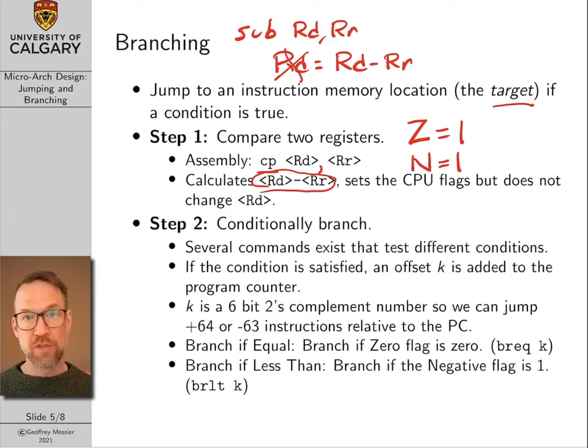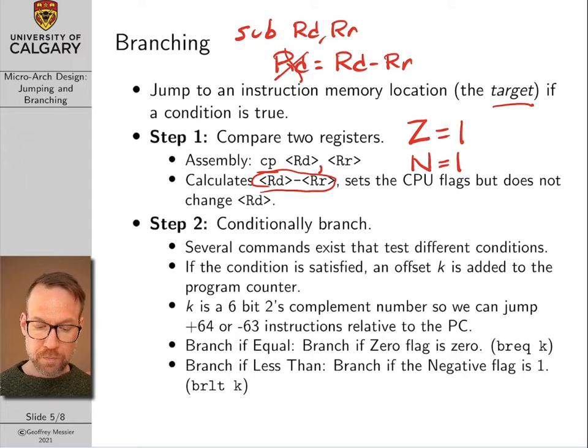There's also a branch if not equal. There's a branch if less than command. I think there's a branch if greater than command. The less than or greater than commands would look at the negative flag. The branch if equal or not equal commands would look at the 0 flag.